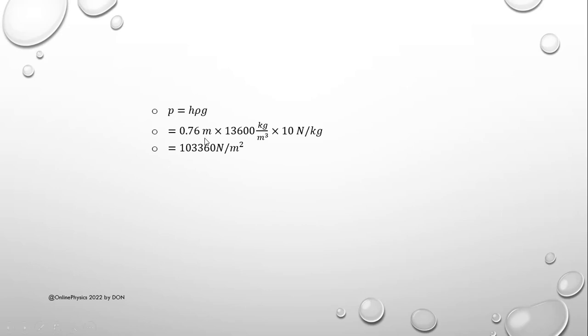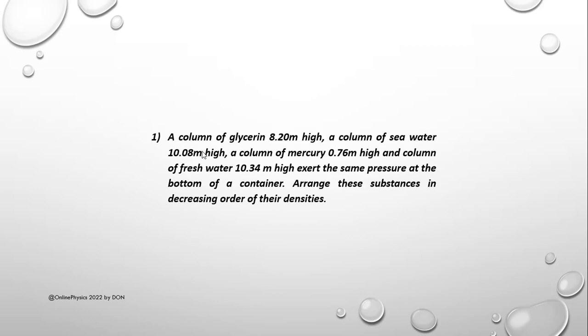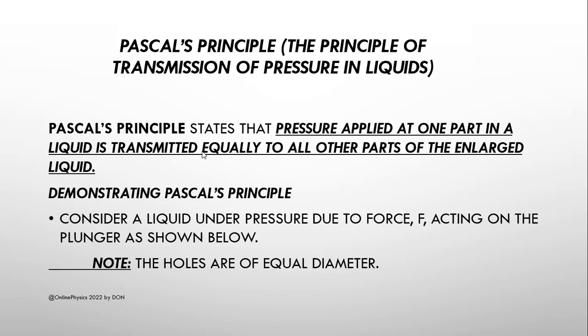Let's use 76 over 1000 so that we can maintain that conversion in a correct way. Once you work it out here, this value should be 0.076 meters. So we are going to get 103,360 newtons per square meter. Very simple calculations once you got the concept of the formula.